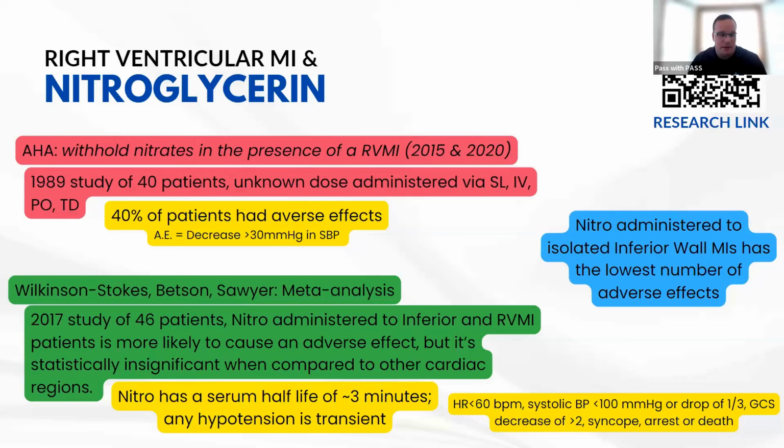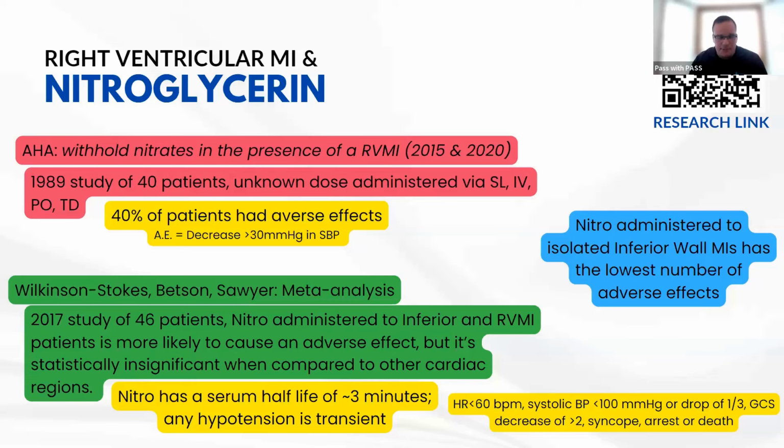So what that means is, yeah, if we give nitro to a patient who has both an inferior and a right ventricular wall MI, they're a little bit more likely to have an adverse effect. But there's really not that great of a difference in the rate of adverse effects those patients are going to see versus the adverse effect that my septal wall patient might have from nitro, or my anterior wall or my lateral wall patient might have from nitro.